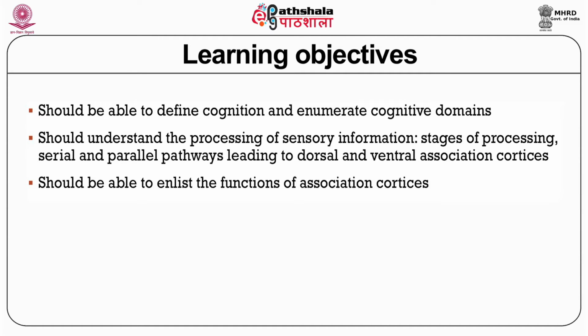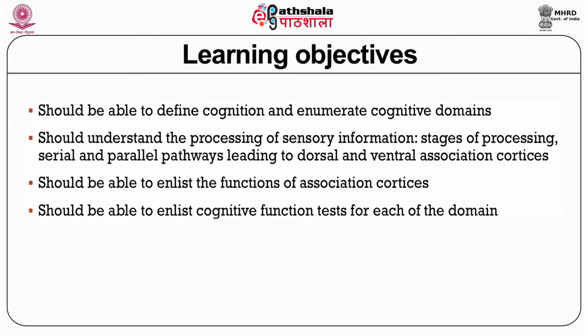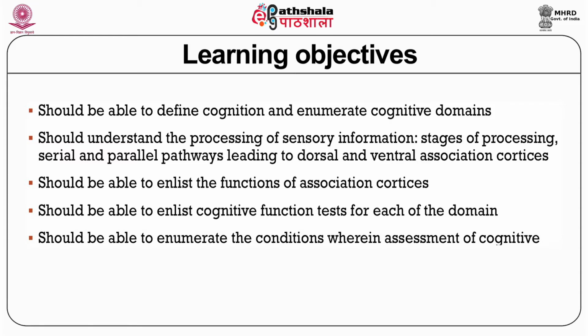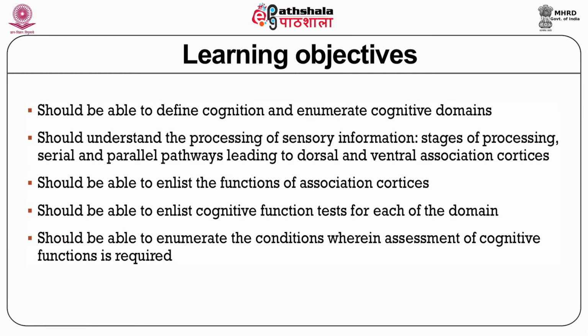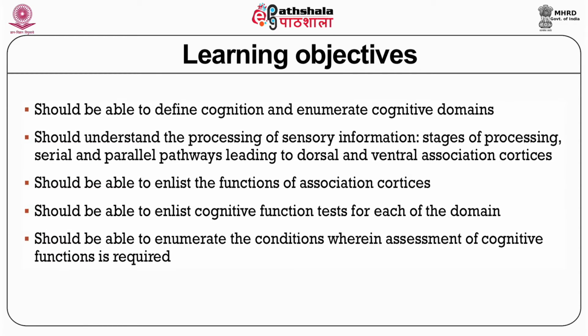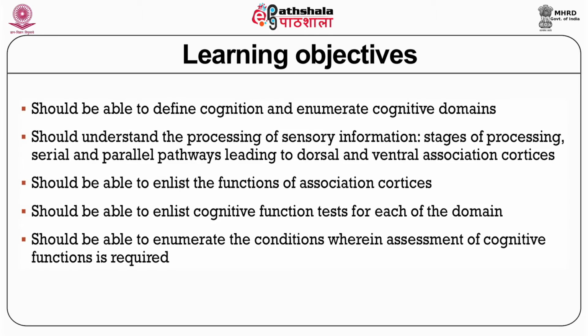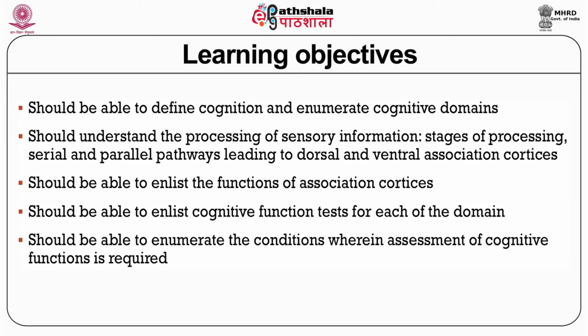Third, you should be able to enlist the functions of association cortices. You should be able to enlist main cognitive function tests for each of the domains, and you should be able to enumerate the conditions wherein the assessment of these cognitive domains is required.